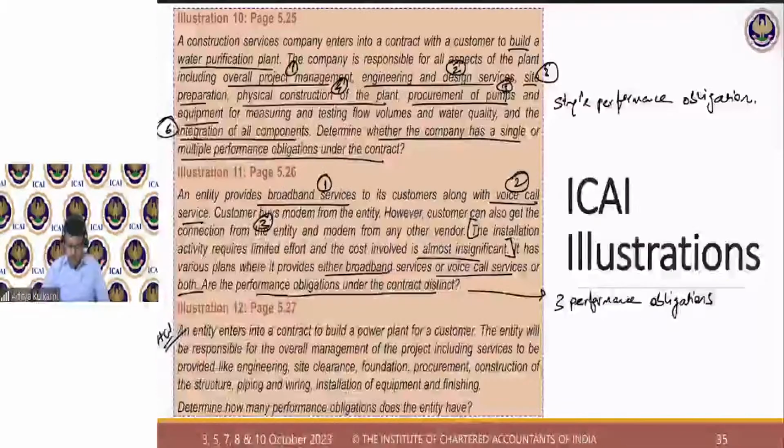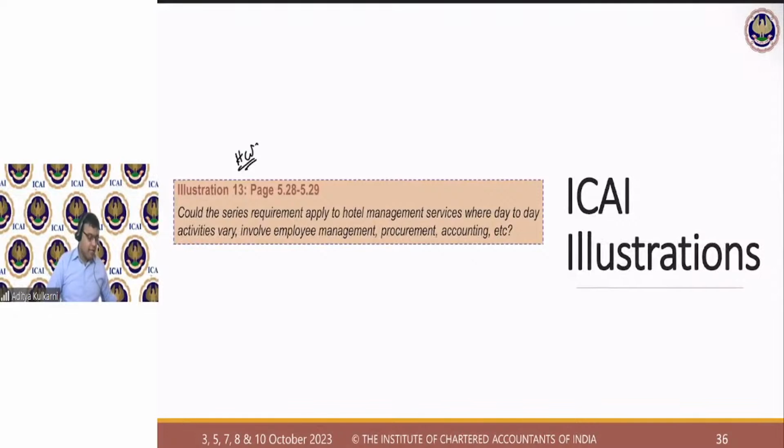Okay, now I just have to explain you one more thing, and that will give you clarity. It's related to this question. You will understand what it is. Okay, now we have studied distinct goods and services in the context of the contract.